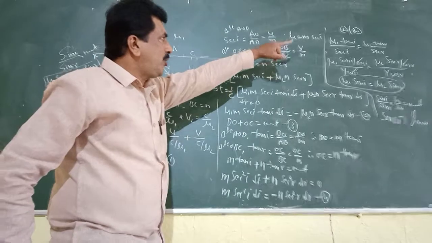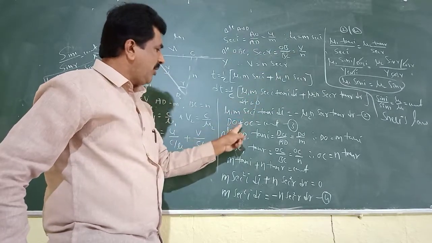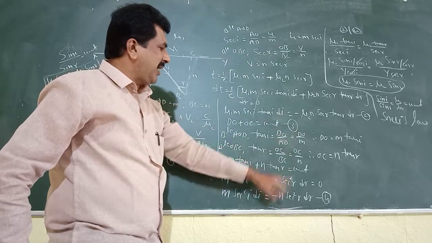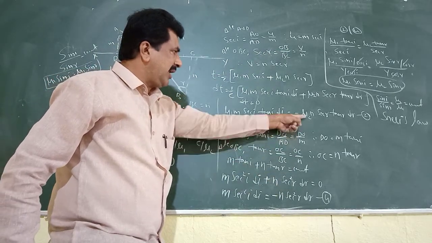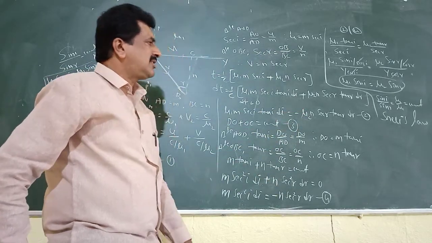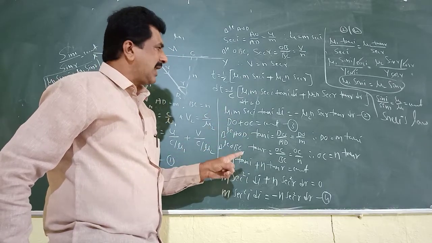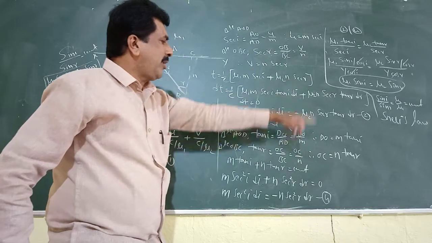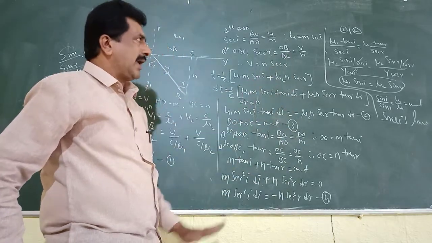Then in the numerator we get mu1 into tan I divided by the denominator sec I, equal to, on the right side, the minus cancels, n and n cancel, dr cancels, and sec r and sec r cancel, so we get mu2 into tan r divided by sec r.